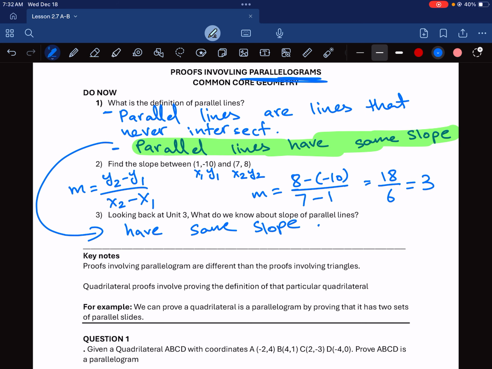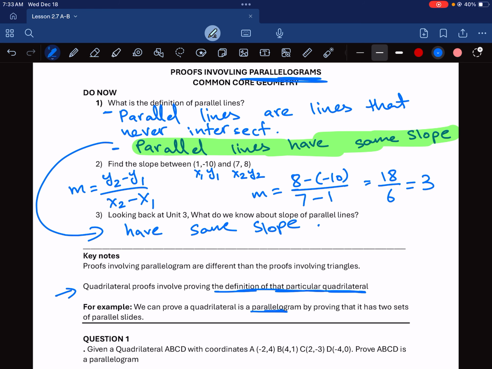So here's how you do it. Whenever you're doing a proof about a shape, what you have to do is prove the definition of that quadrilateral. Okay, for example, when we're saying it's a parallelogram, remember that a parallelogram has two sets of parallel lines. So basically all we have to do is prove that there are two sets of parallel lines.